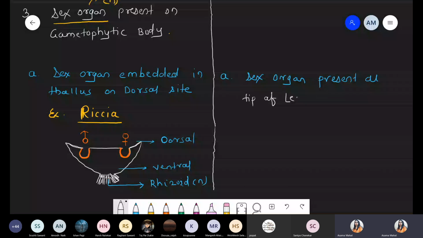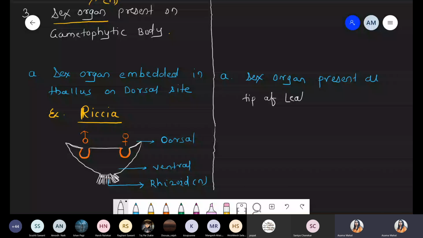At the tip of the leafy shoot. Such a shoot is called the gametophore.